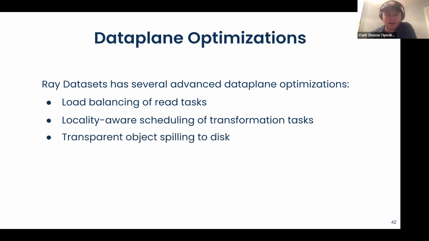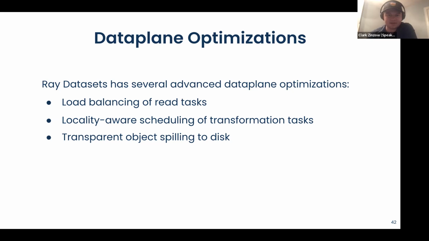And then finally, if we're running out of memory on a node, we have this nice transparent spilling of objects to disk, where we will not get an out of memory error for the Ray object store. Instead, when it starts to experience memory pressure, we will actively spill the data to the disk, and then any downstream tasks can reference that on-disk data, and it'll be transferred to that other node's in-memory store.